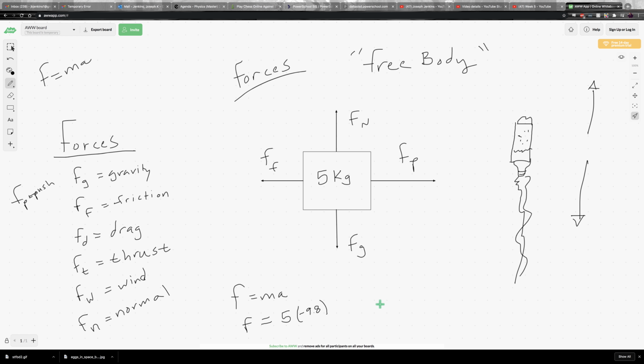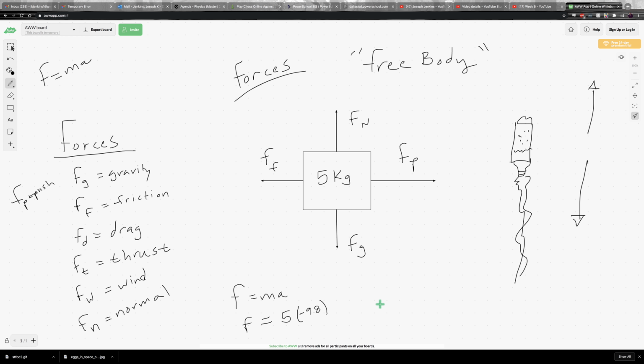So all I have to do to find the force of gravity on something, or that something's weight in newtons, is multiply its mass times acceleration. That's Newton's second law. That's why we learned it. So all you have to do is break out your calculator and multiply the mass, which is 5, times the acceleration due to gravity on Earth, 9.8, right?